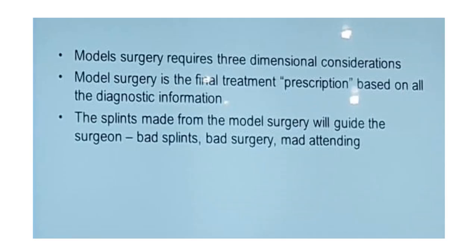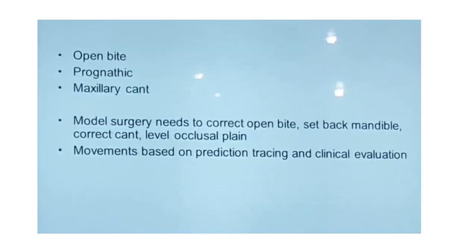Model surgery requires three-dimensional consideration, and it is the final treatment prescription, and it is based on all the diagnostic information, and the splint is made from the model surgery that guides the surgeon to avoid bad splits, bad surgery.